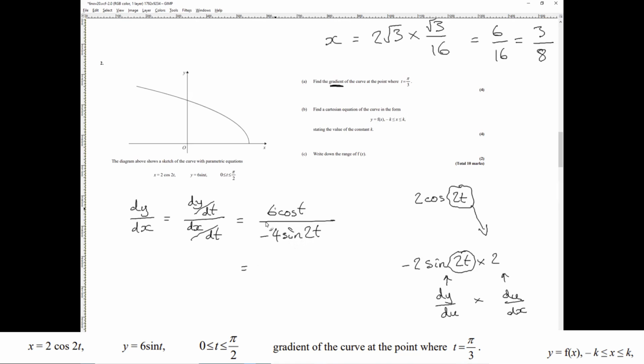I just thought 6 over 4 will cancel, and we might as well put the minus. I mean, we could have the minus down there. That doesn't make any difference. But of course, 6 over 4 reduces to 3 over 2. We'd rather write that.